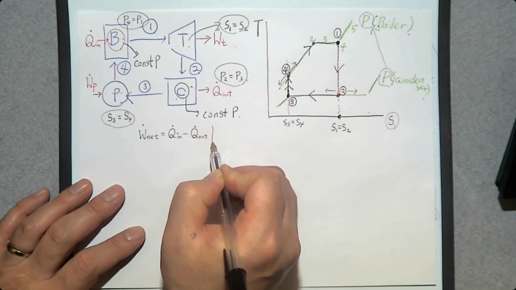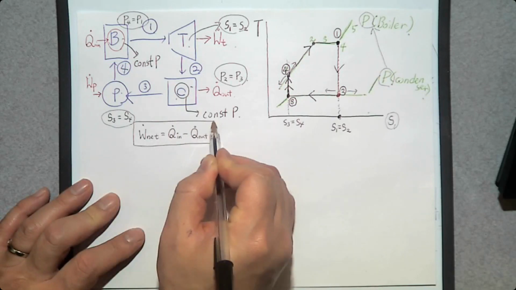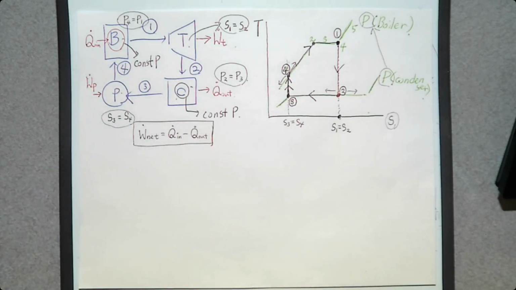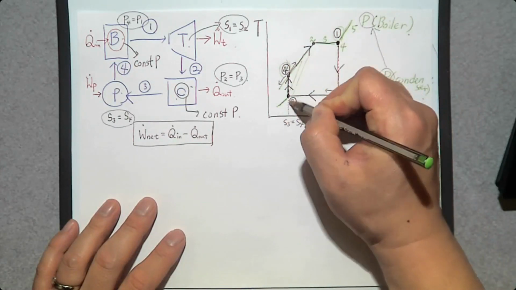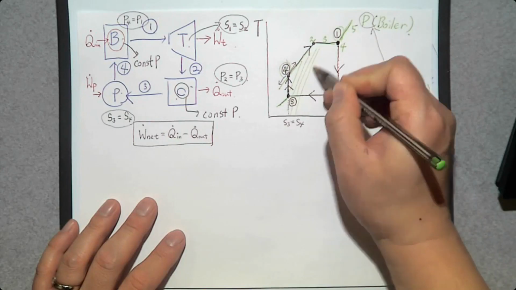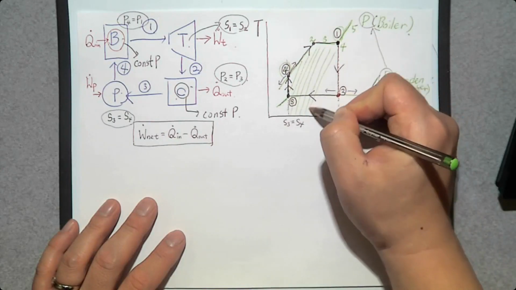You remember this equation from chapter 5 for heat engine, right? So what represents Q dot in? Between 4 and 1. So this green is Q dot in.